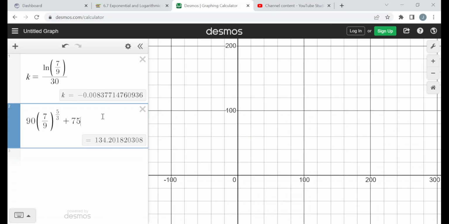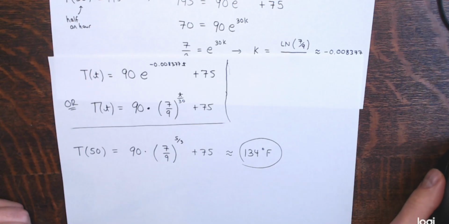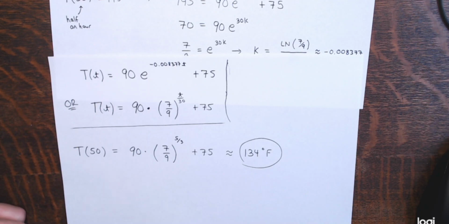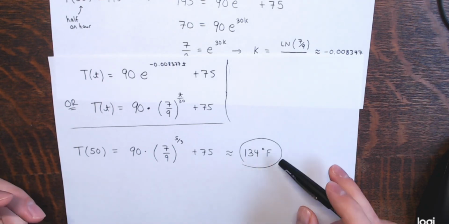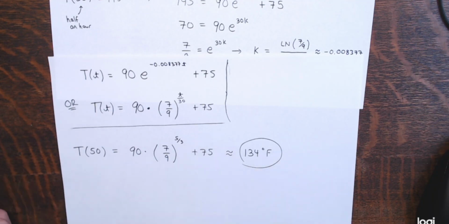It started off at 165 degrees, and 50 minutes later, just sitting out in the room, it's still at about 134 degrees. And it should be lower. If you ended up with a number higher than 165, then you did something wrong, because it's a 165 degree turkey sitting in a 75 degree room. It should be cooling.